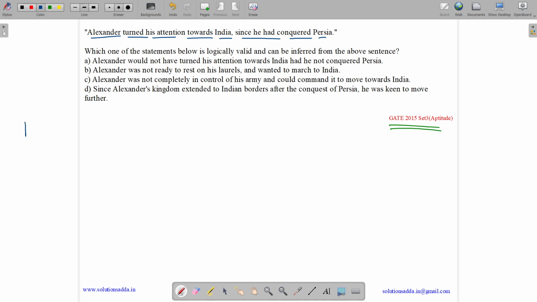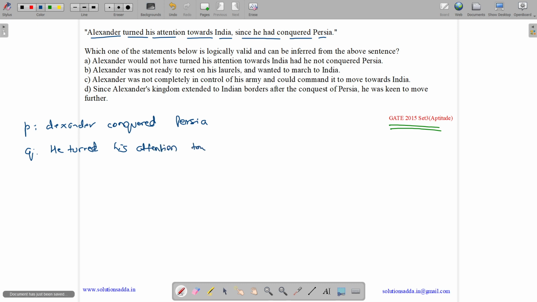So let us assume P is Alexander conquered Persia and Q is he turned his attention towards India.